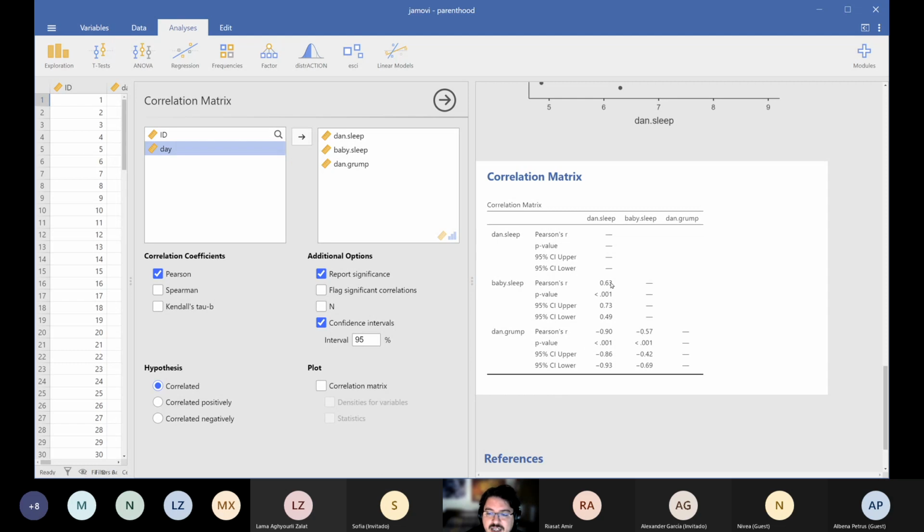So here, it says that the central Pearson correlation coefficient is 0.63, right? But if you see the range in which we have confidence of 95%, it's rather large, from 49 to 73. And if we look at Dan grumpiness, we see that we have this negative correlation that goes from 42 to 69, which is also rather large.